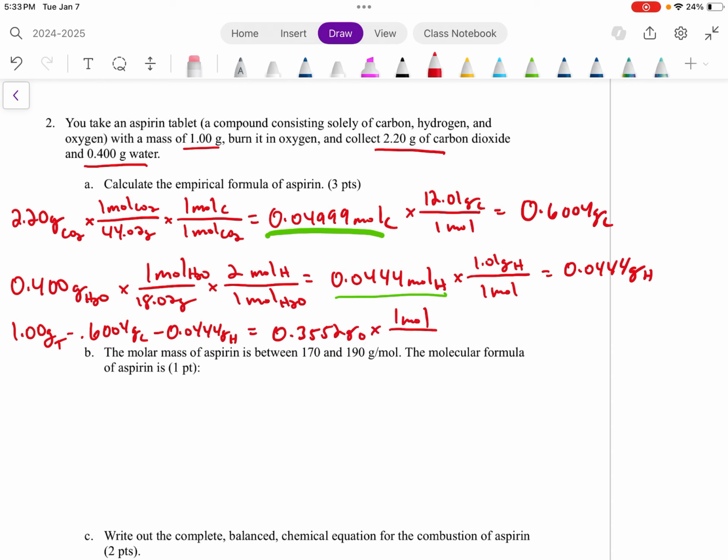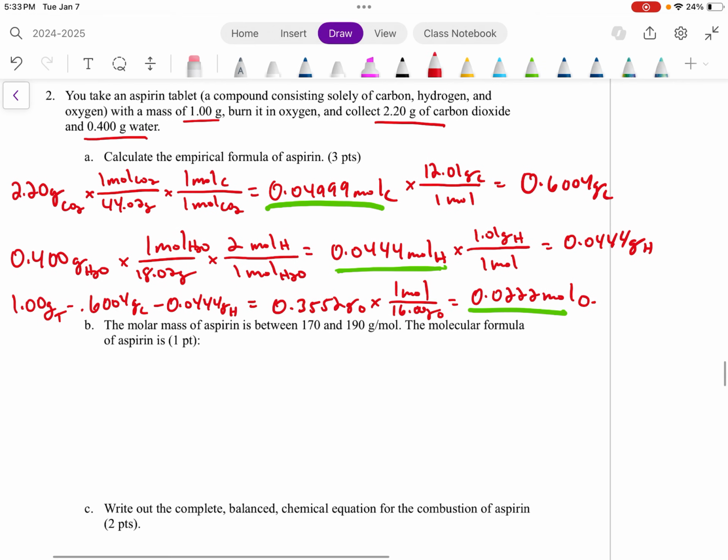And then I'm going to convert that into moles. 16 grams of oxygen per mole, and that's going to be 0.0222 moles of oxygen. So now I have my moles of everything, and I can create a ratio for that.